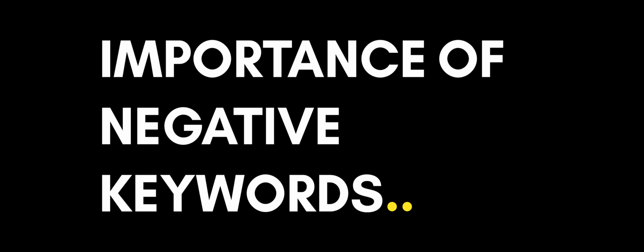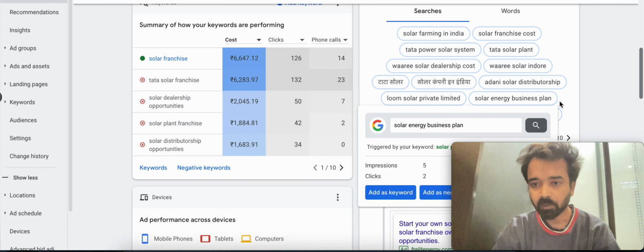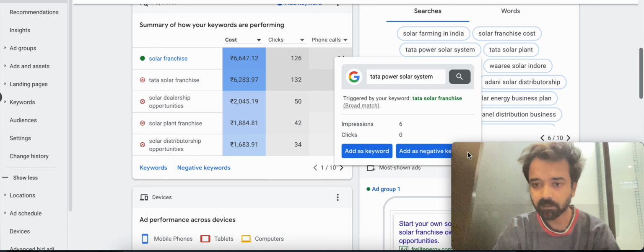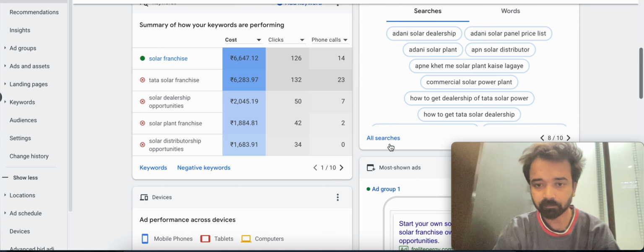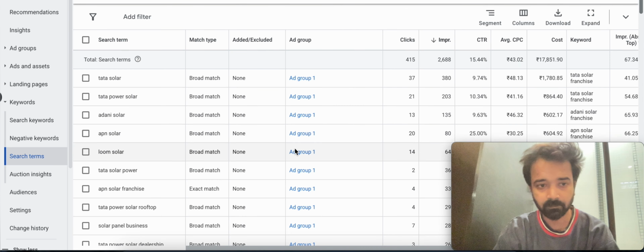How we managed to bring the CPC and cost per conversion down is here. You have to share these search term reports with your clients. In this campaign, every week, I think every 7th day, we discuss the search terms.